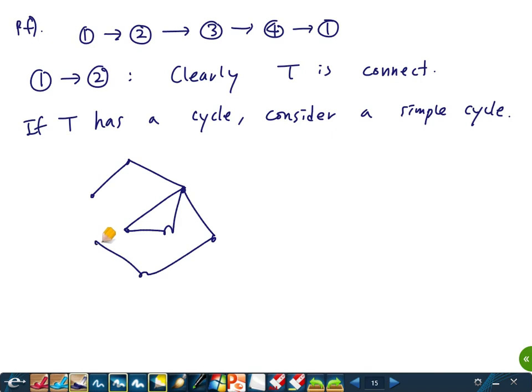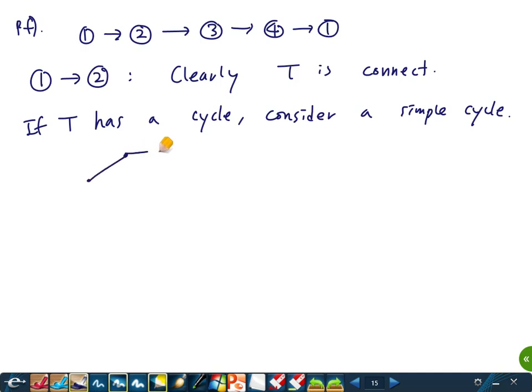This is also a cycle. But then take this cycle. Maybe the shortest cycle will be a simple cycle. So if there is a cycle, you can always find a simple cycle like that. And then, let's say this is a simple cycle.